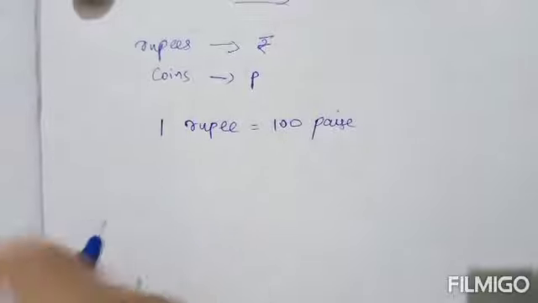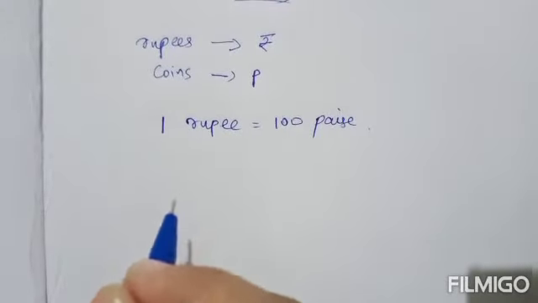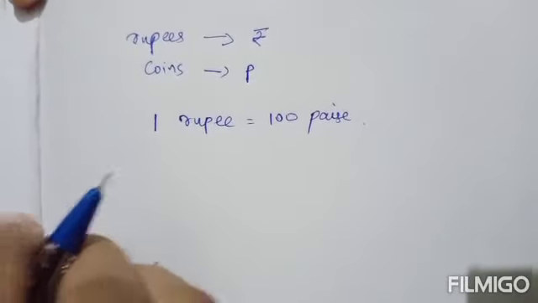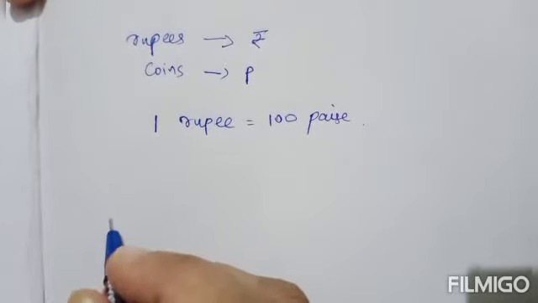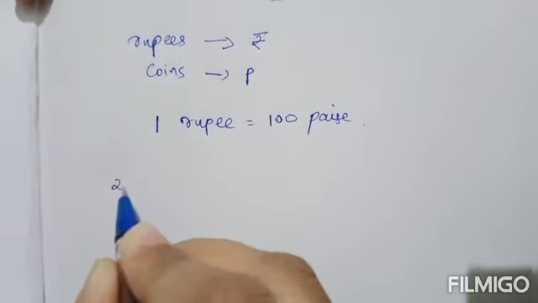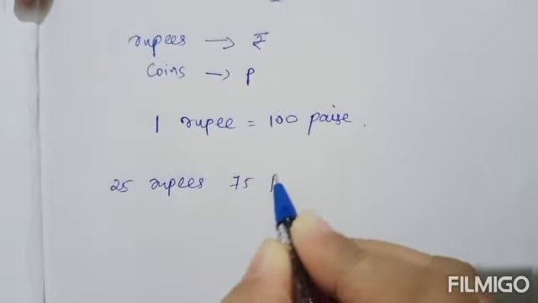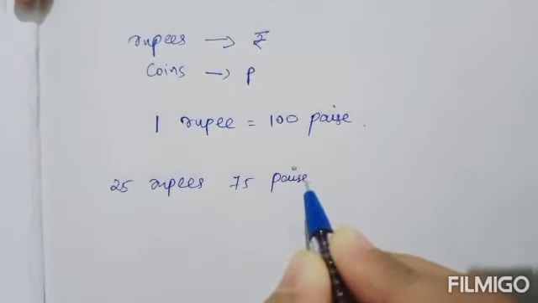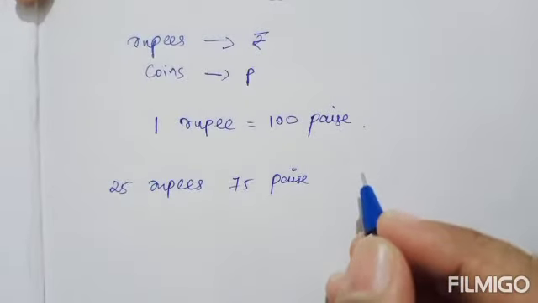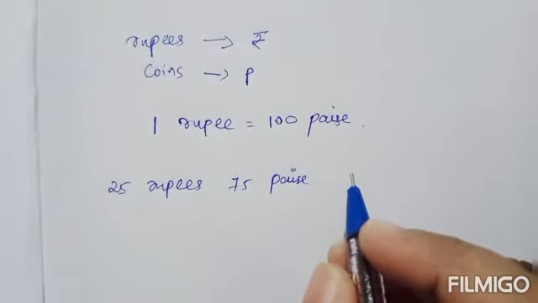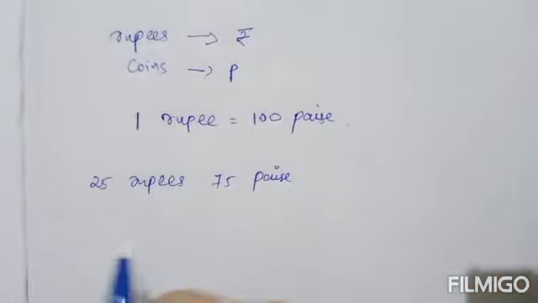So first topic, expressing money in figures and words. Let us take one example: 25 rupees 75 paise. How can we write this in figures, in number form? We use decimal notation.